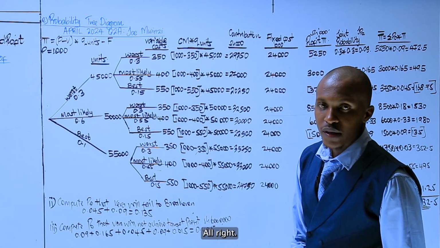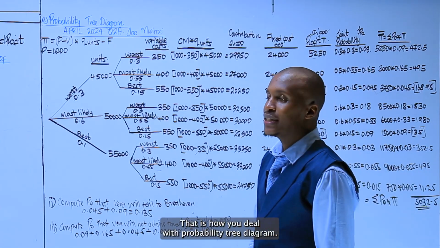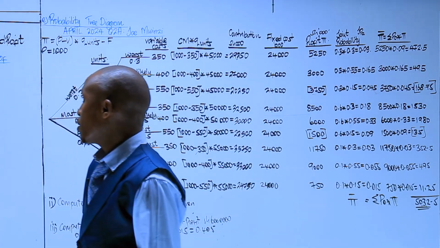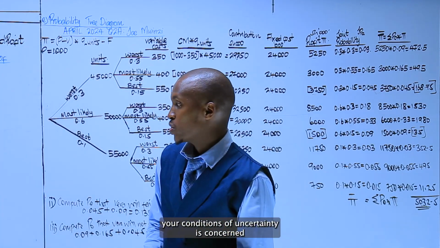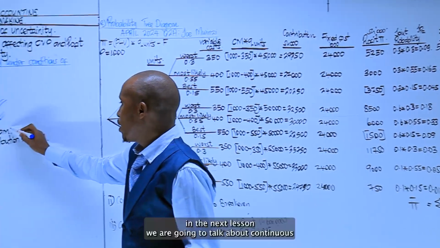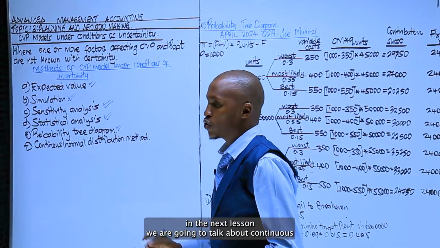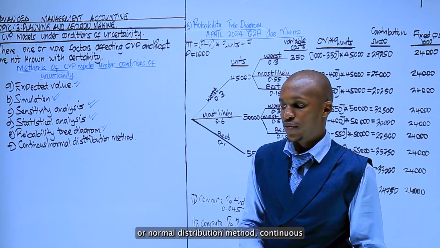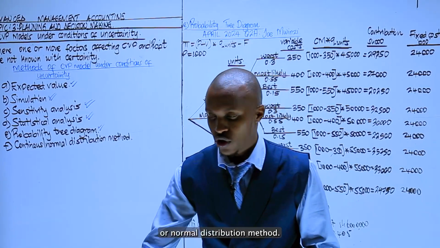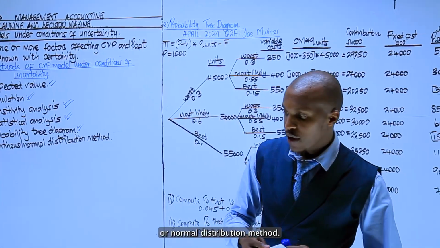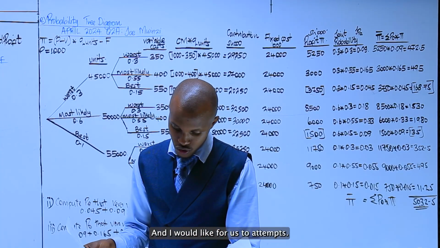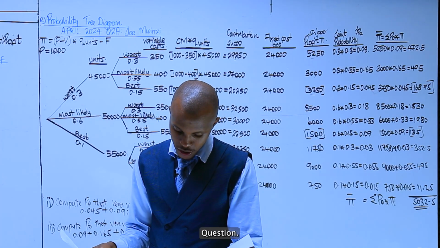All right. That is how you deal with the probability tree diagram. As far as your conditions of uncertainty are concerned, in the next lesson we are going to talk about the continuous or normal distribution method. I would like for us to attempt a question.